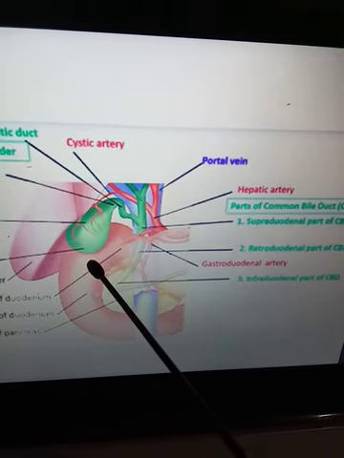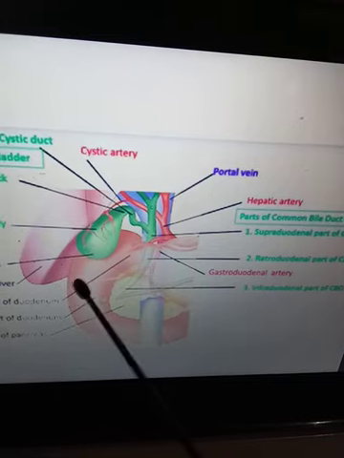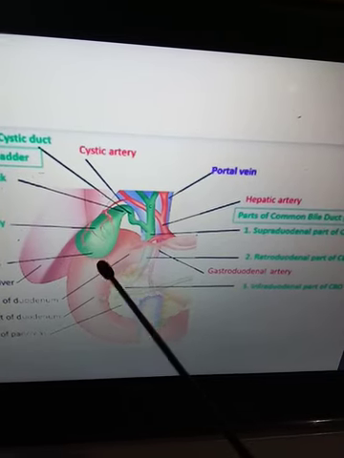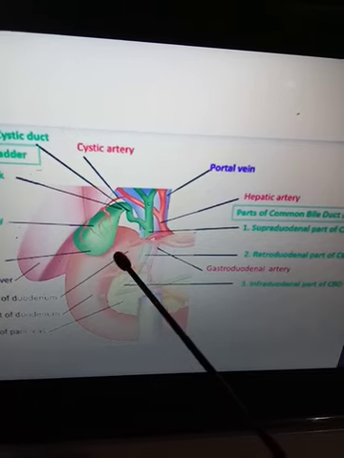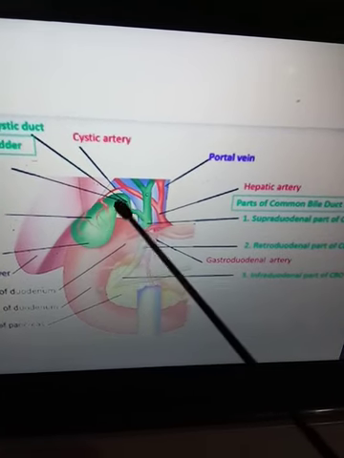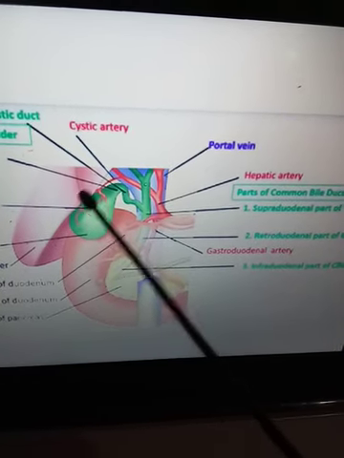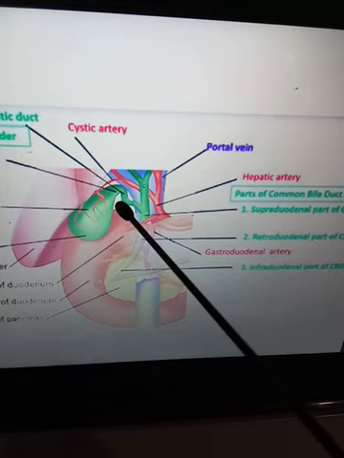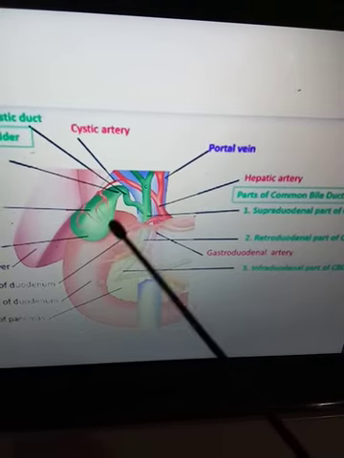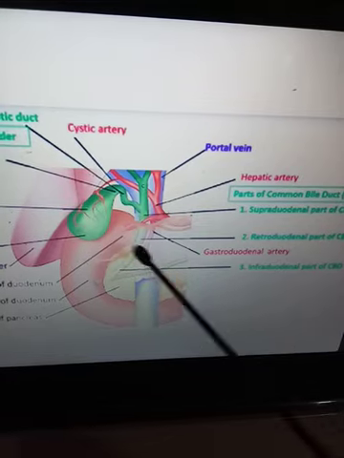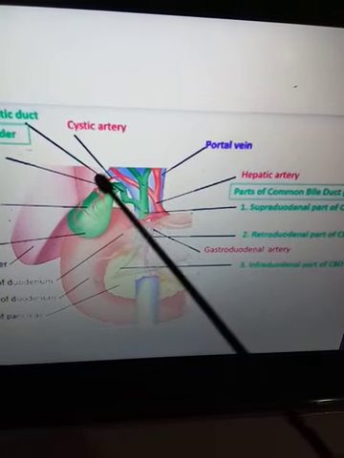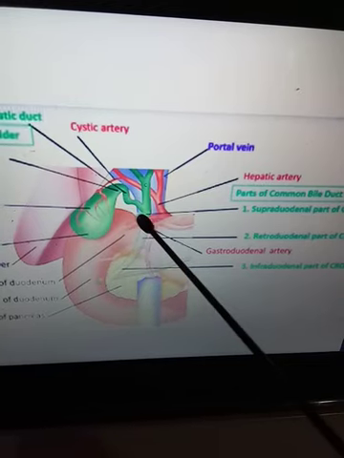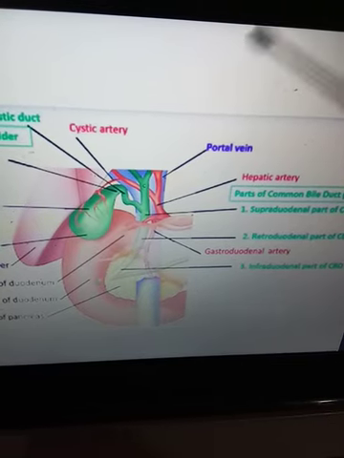Then posteriorly on this side it will be having the transverse colon. Then you have the body, superiorly the gallbladder fossa, and from this side you will be having the duodenum and the transverse colon. Then for the neck, superiorly the liver, and inferiorly the first part of the duodenum.